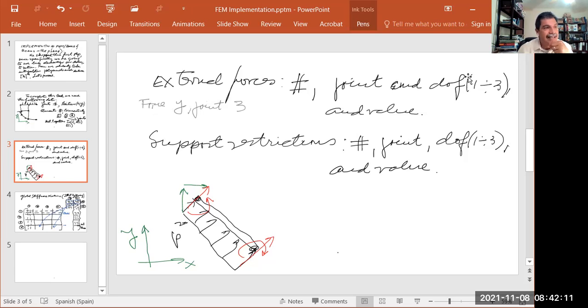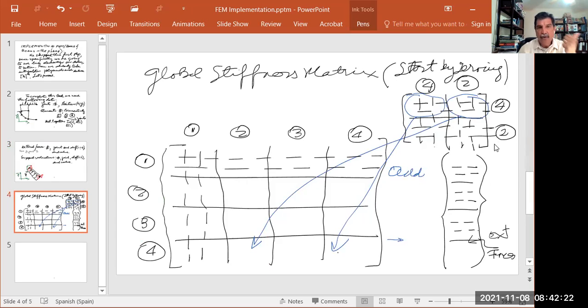Why 2? Because this is the second degree of freedom. Remember, X is the first, Y is the second, and rotation is the third. So if we have a force in the vertical direction in the third joint, that is going to be in the 8th position of the external force vector.